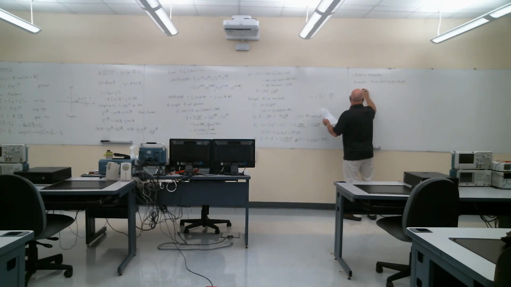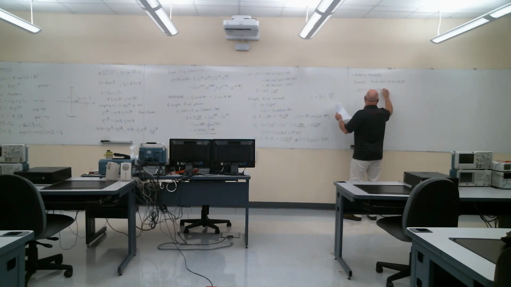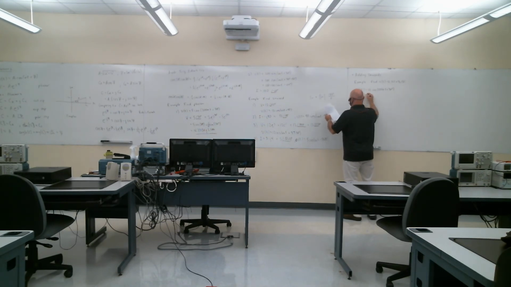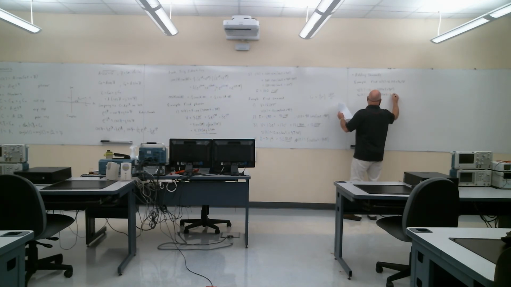So let's say v1 of t is 10 cosine 200 pi t plus 30 degrees. v2 of t is 5 cosine of 200 pi t minus 60 degrees.